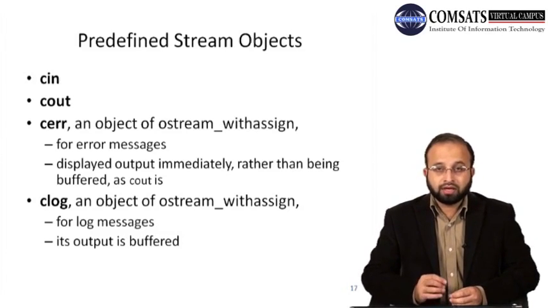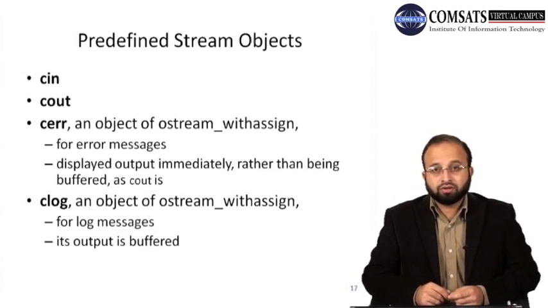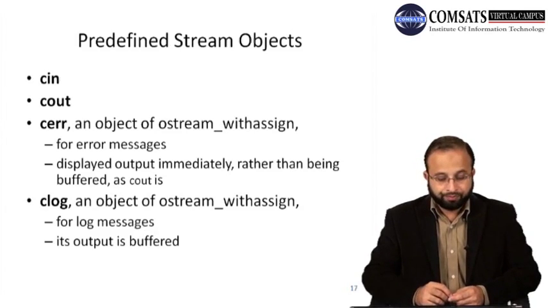Similarly, cout is an object of the ostream_withassign class, and ostream_withassign is derived from the ostream class. So we can say that cout is also an object of the ostream class.